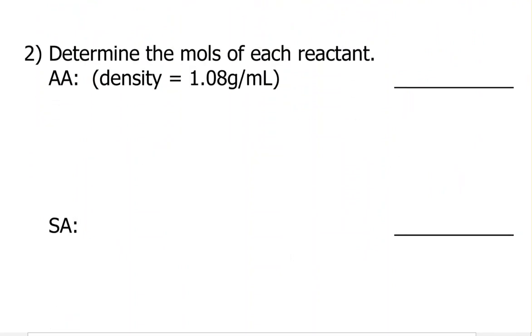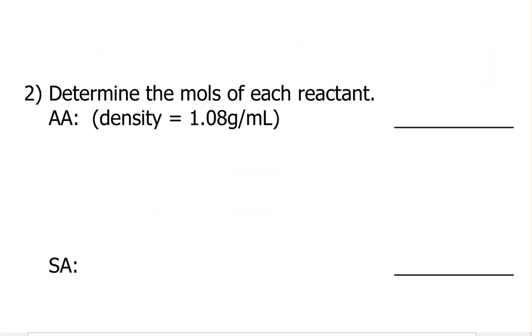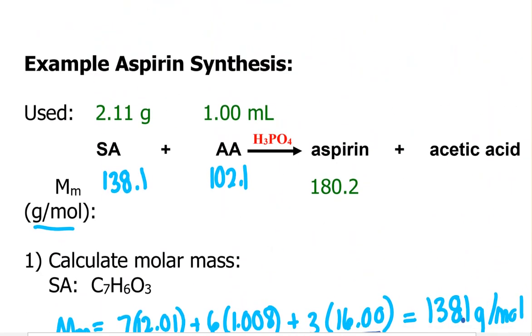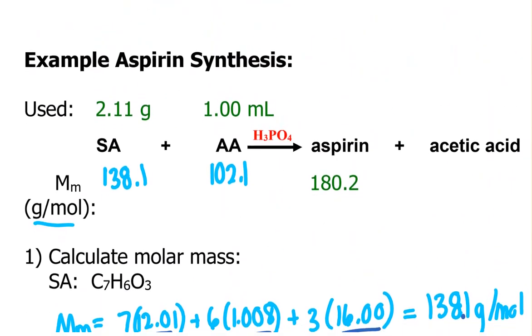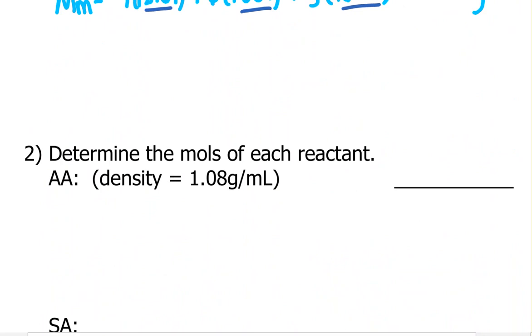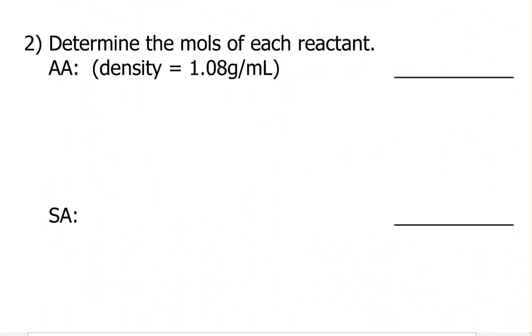And now I'm going to determine how many moles of each reactant. I'm doing this in the same steps that your procedure has you do it. So in other words, on this one, I'm going back and looking at the amounts that I used up here, the amounts that were used in this particular experiment, and I'm going to convert them both to moles. The acetic anhydride is kind of different because it is a liquid.